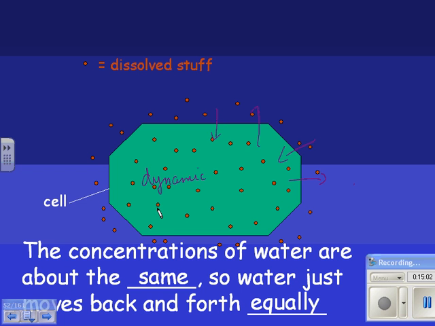Dynamic means it's always moving. Equilibrium means it's sort of the same. Equilibrium means whatever amount you have inside, you have about the same amount outside. So if something moves in, yeah, things bounce around, but they do it randomly, and as much stuff that goes in, you have about that much going out.